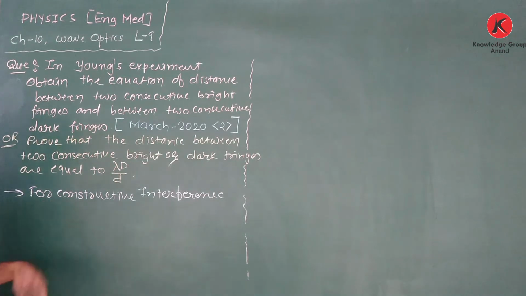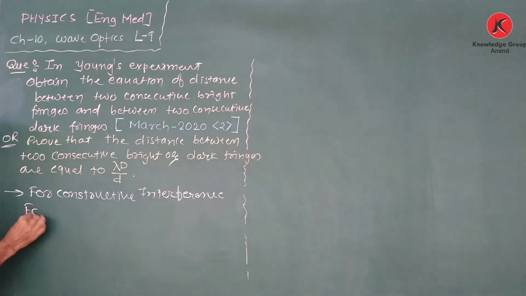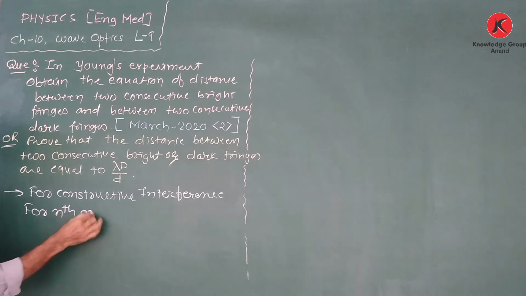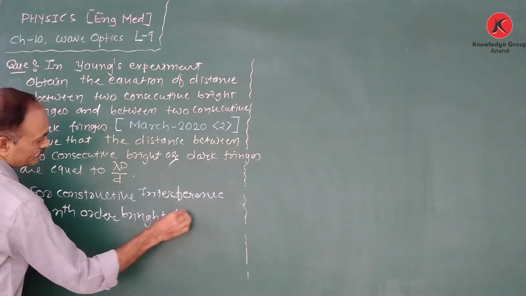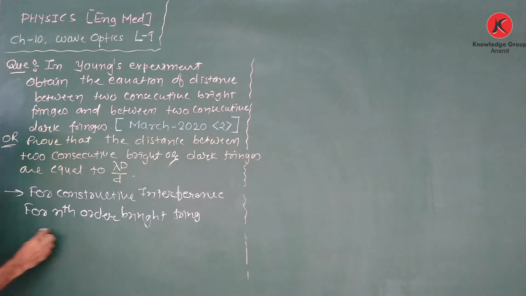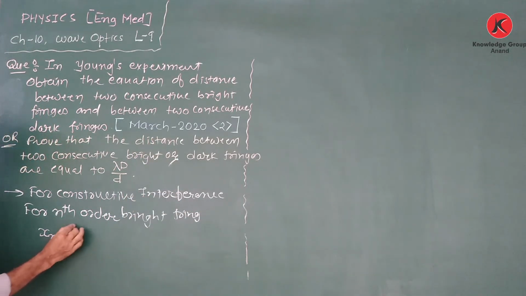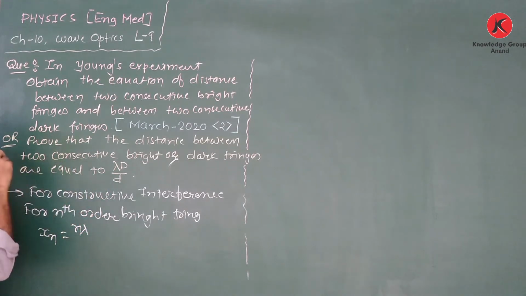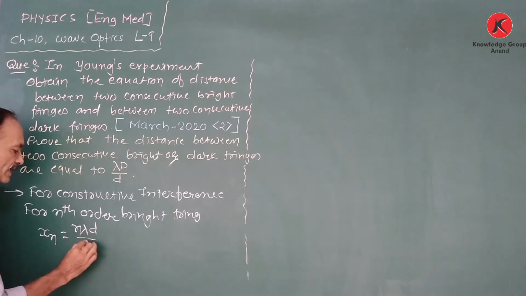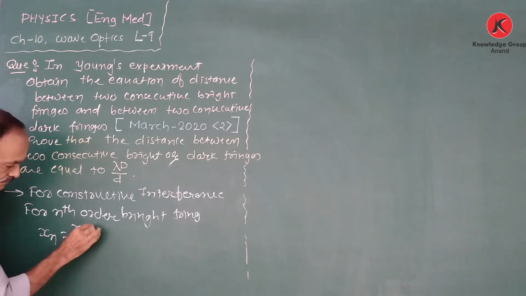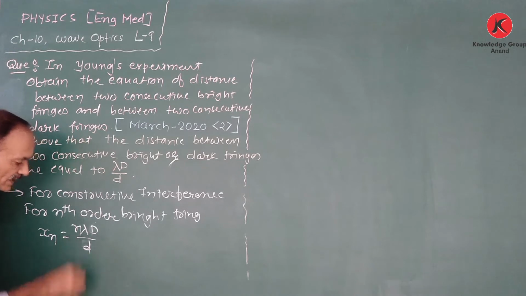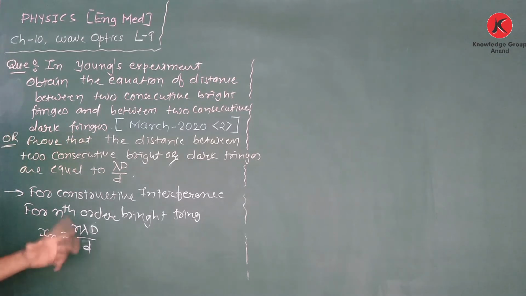For the nth order bright fringe, we already know that the distance xn is equal to n lambda D upon d.